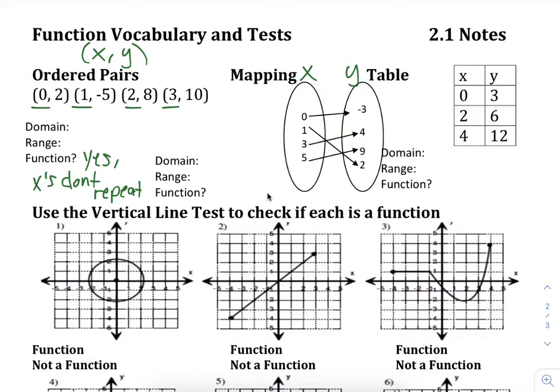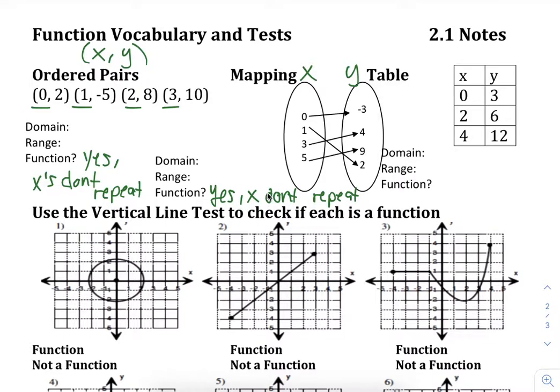All right, all the x's so far are different. 5 has a 9. I only used each x once. So is this a function? Yes. X's don't repeat. Okay, none of the arrows repeated on that one, so my x's don't repeat.